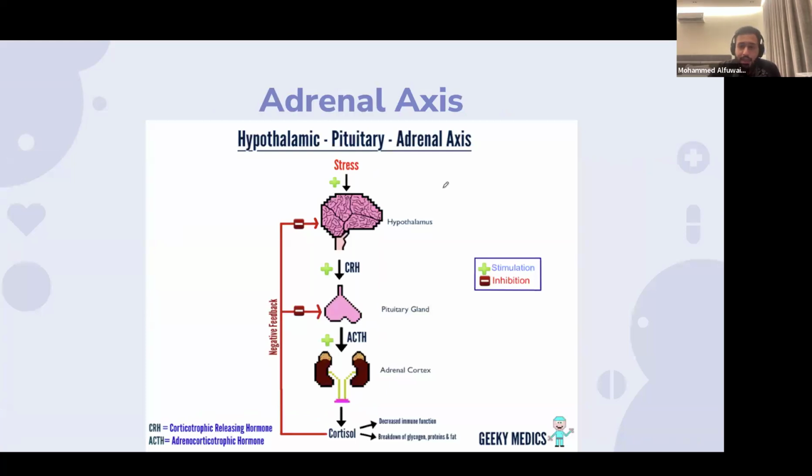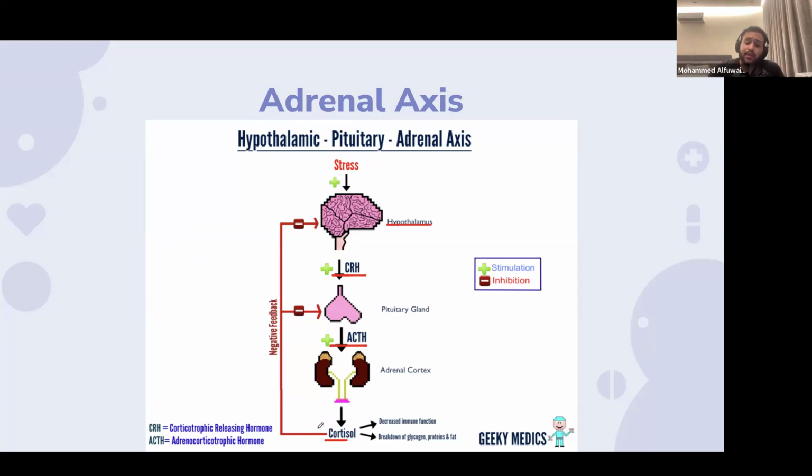Now, for the axis of the adrenal gland, we talked about this a bit in the pituitary. The hypothalamus secretes CRH, corticotropin releasing hormone, which goes to the pituitary and secretes ACTH. ACTH goes to the adrenal gland and secretes cortisol. Important thing to remember is cortisol goes back and inhibits ACTH and the hypothalamus as feedback inhibition.